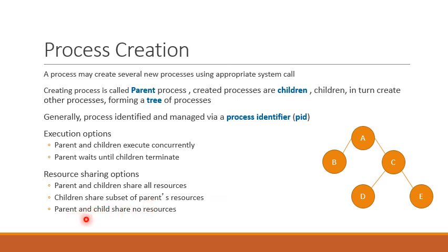The third option is that parent and child share no resources. That is, the operating system may allocate children a new set of resources. In this case, parent and child share no resources. Both have their own set of resources allocated by the operating system.